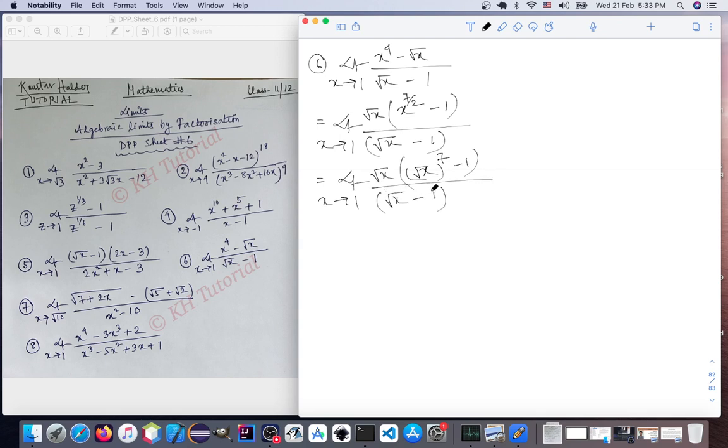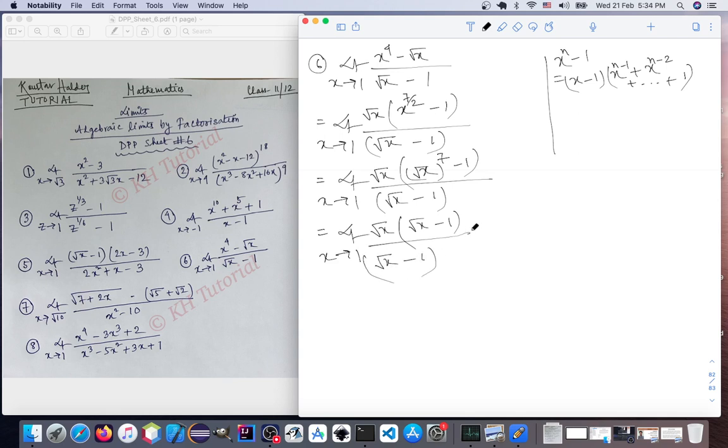Now we know that x to the power n minus 1 can be factorized, so applying this formula we get root x minus 1 over here.